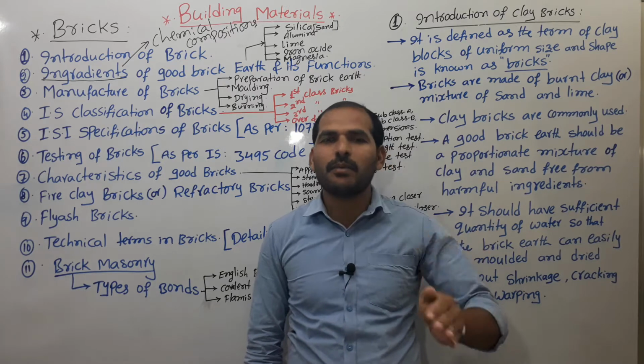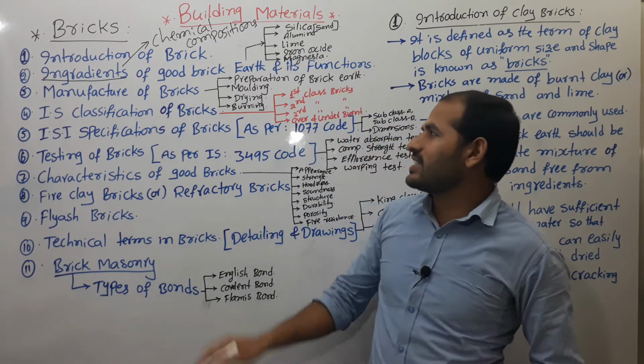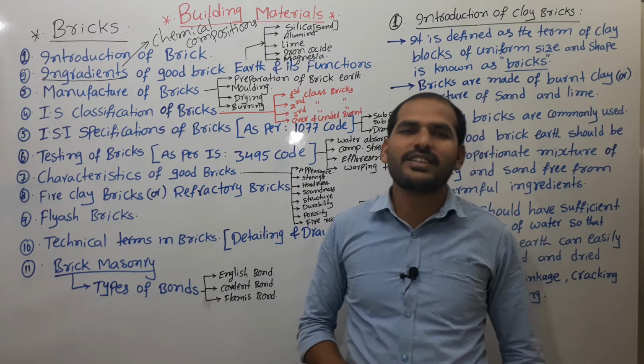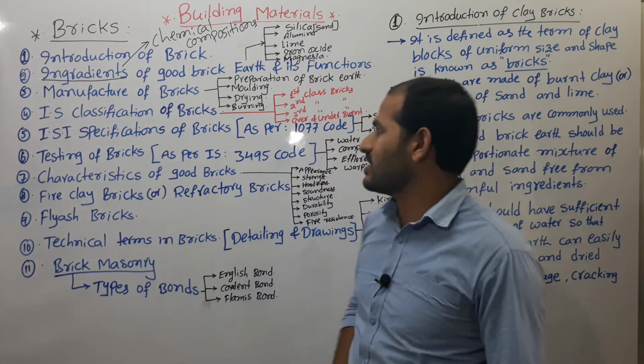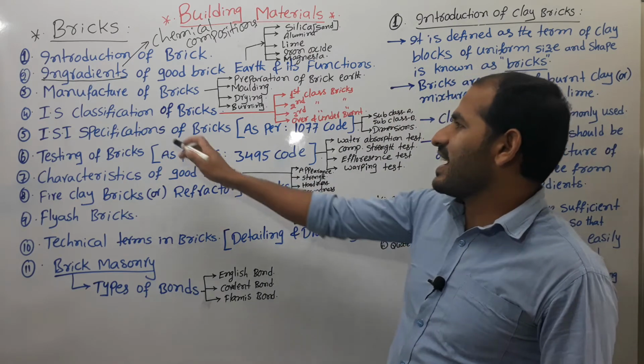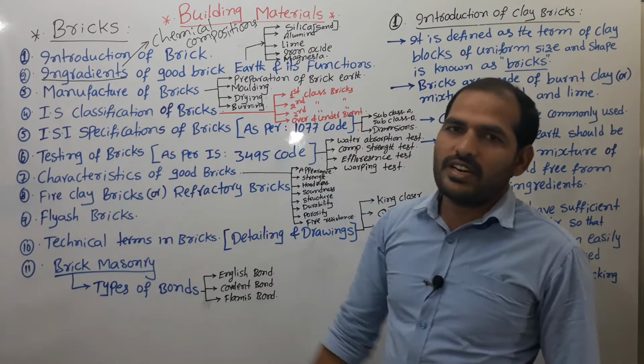Overburnt and underburnt bricks are considered fourth class bricks. Fourth class bricks will not be used for any type of construction, right? So this is the Indian Standard classification of bricks.